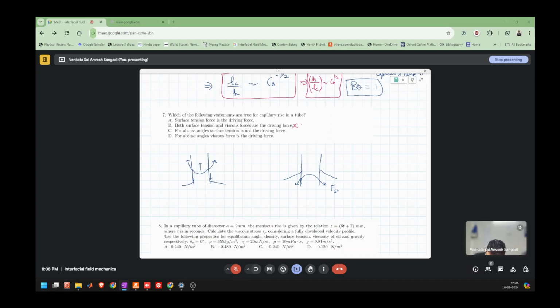And again, the viscous force is opposite to the direction of the velocity. Here the velocity is downward, therefore the viscous force is in the upward direction. This is the velocity, and this is the viscous force. So therefore, C and D are also wrong. So the only correct option is option A.